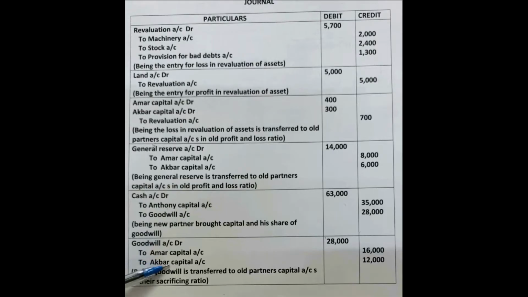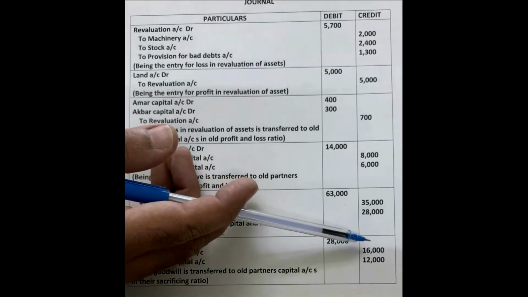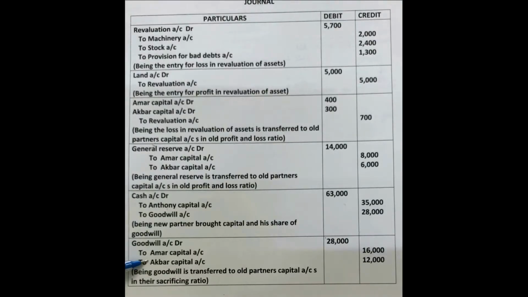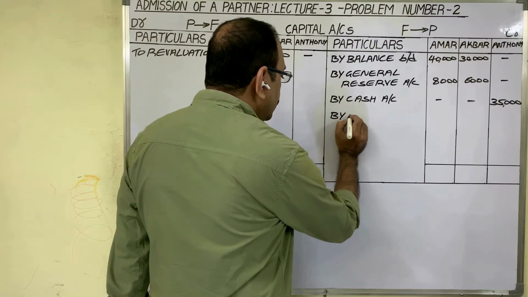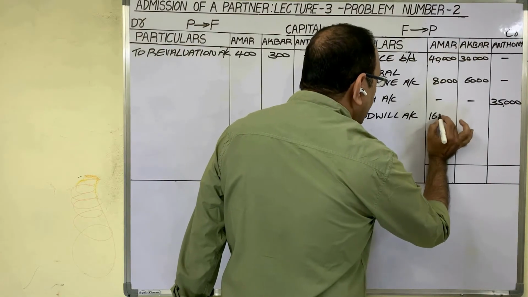As capital accounts are credited in the journal entry, in capital accounts this entry we have to post on the credit side. What to write in particulars column? We debited goodwill account, so write that down. By goodwill account, in Amar column 16,000 rupees, in Akbar column 12,000 rupees.